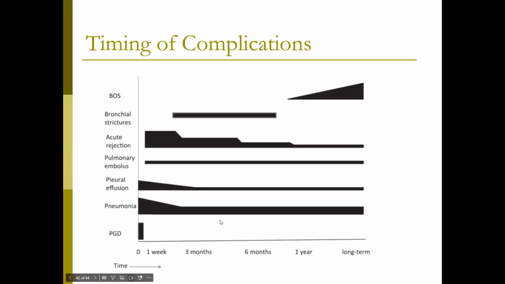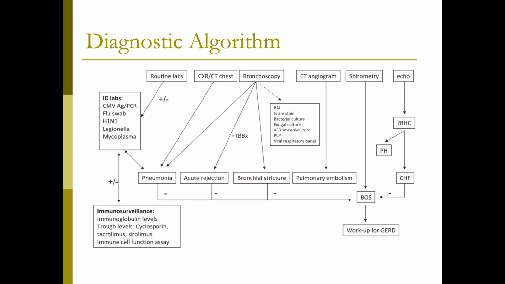It highlights what we deal with early on, the first weeks to months of lung transplantation, what we deal with in the first year or so, and then what's happening in these patients, complications they carry over throughout their life.